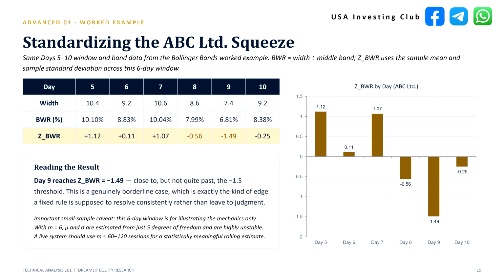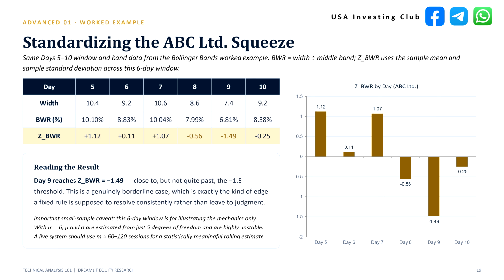Converting each to a bandwidth ratio percentage gives 10.1%, 8.83%, 10.04%, 7.99%, 6.81%, and 8.38%. Standardizing those against this 6-day window's own sample mean and standard deviation produces z-scores of plus 1.12, plus 0.11, plus 1.07, minus 0.56, minus 1.49, and minus 0.25.